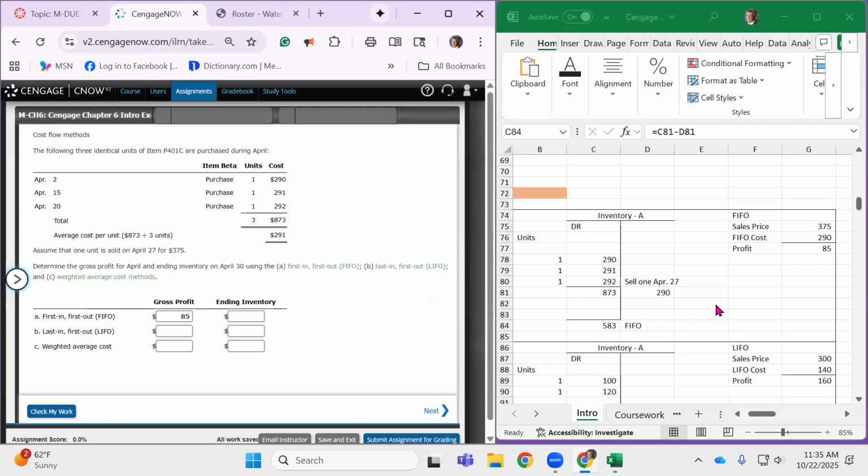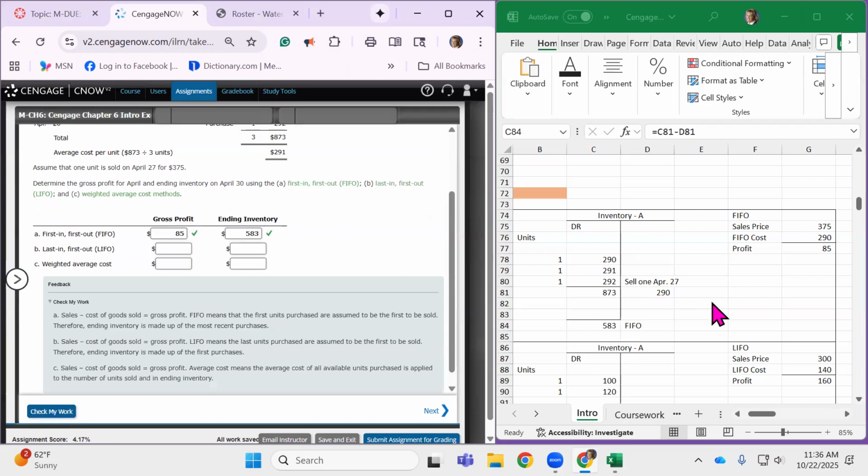If you knock this one out, you now have $583 worth. We had 3, we sold 1, we have 2 remaining. Are you with me? 2 units available for a total of $583 at the end of the period. Let's see if I'm right. I think so. If not, we'll figure out what's going on. Now we're going to turn around and do the other 2 cost flow methods.